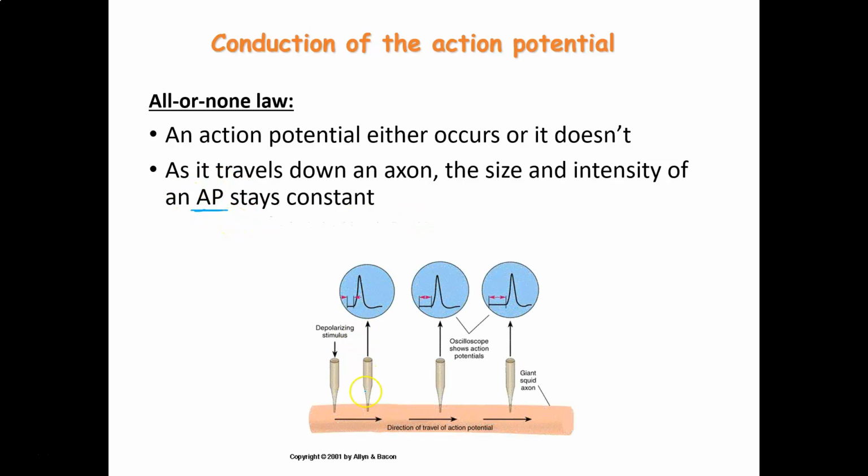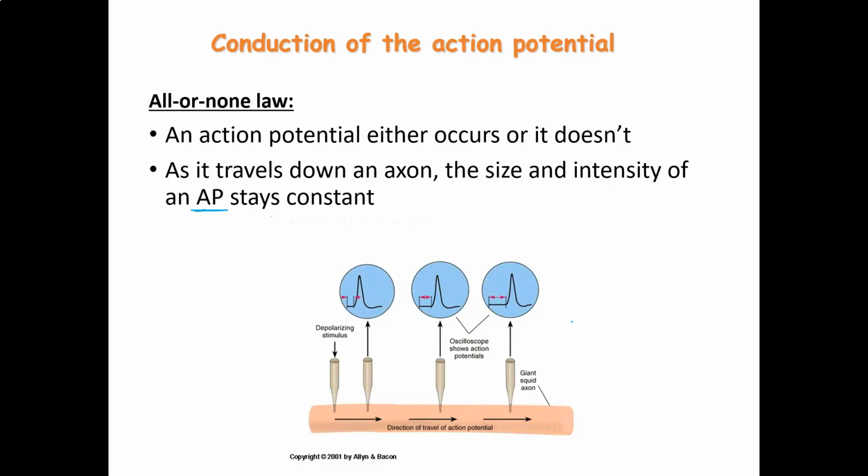So if we were measuring the action potential on a giant axon of the squid all the way down the length of the axon, you would see that the size and intensity stays constant for the entire length of the axon, right? It doesn't get smaller and smaller as it travels away from the stimulus that triggered it. It maintains its size and intensity.